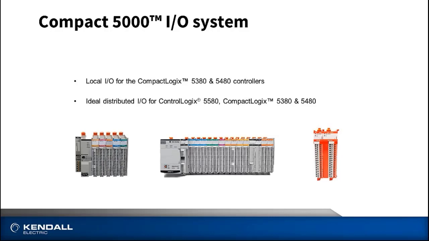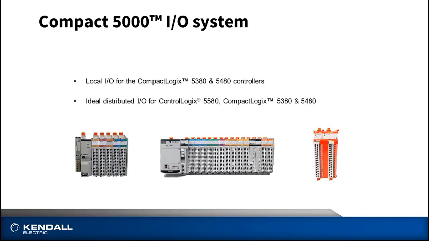The picture on the left-hand side shows the same I/O modules, but in this case, they're now connected up to an Ethernet adapter. So through the Ethernet adapter, we have the ability to use this as distributed I/O. So these I/O structures can be out on the EtherNet/IP network communicating back to the ControlLogix or CompactLogix controllers.